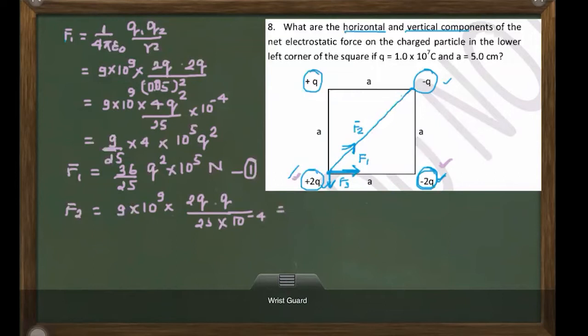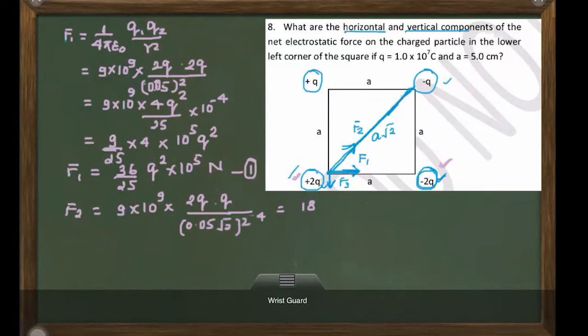The side here will be root 2, so we write 0.05 root 2 square.